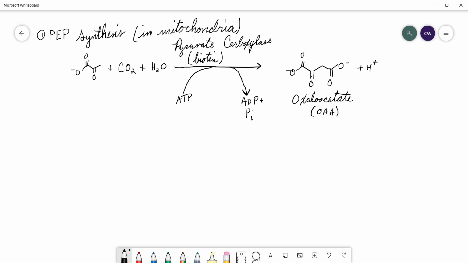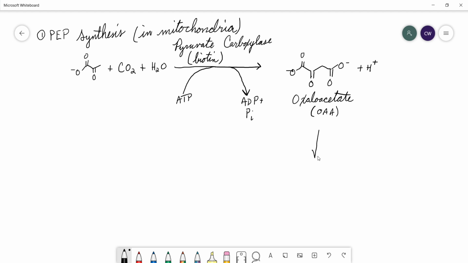For humans, it's done in both places, both in the cell cytoplasm and in the mitochondria. We have a problem, though, in that oxaloacetate is not permeable to the mitochondrial membranes. So, in order for it to be transported out of the mitochondria and used further, it will sometimes have to go through the Malate Shuttle.